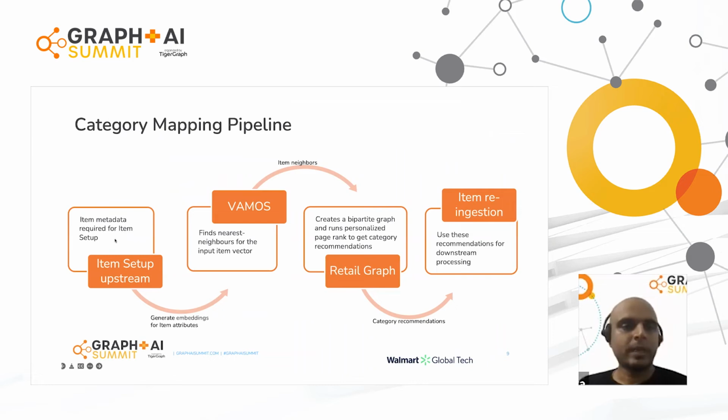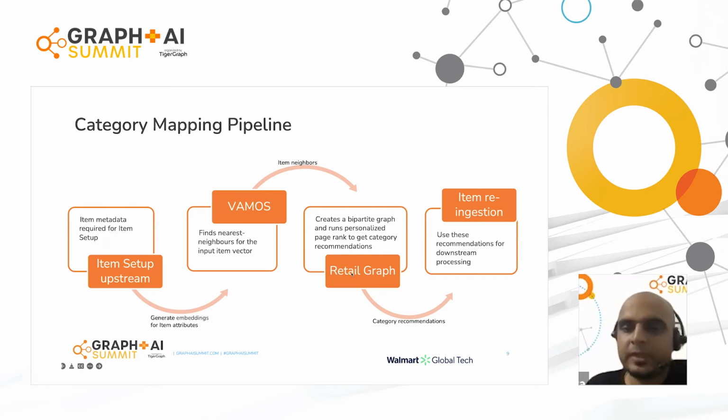Now, as part of the item setup upstream, we capture the item metadata which is required for item setup, and then generate embeddings for those item attributes. Now, these item embeddings are used to do NN search against the indexed items within VAMOS. Now, item neighbors obtained from this step are then converted to their graph representation and then fed to the retail graph system.